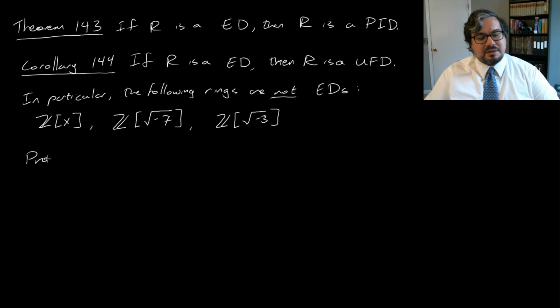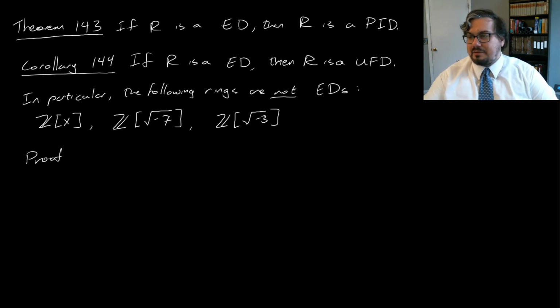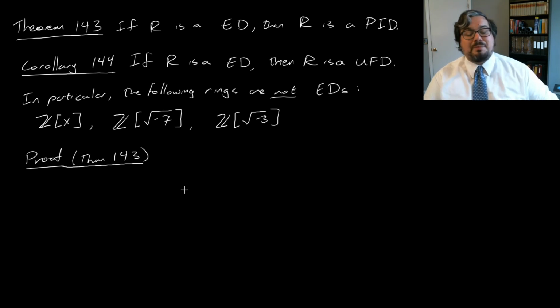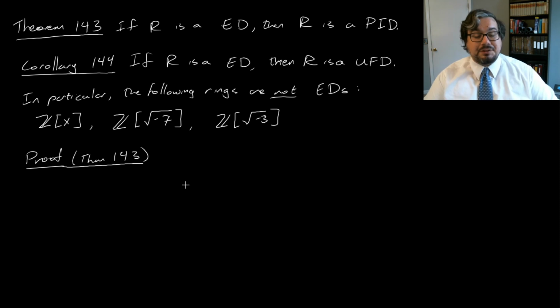All right, so let's look at the proof of Theorem 143. Now, this is very similar to the proof that polynomial rings over a field are principal ideal domains, and that's because the whole point of the Euclidean domain is generalizing that idea.